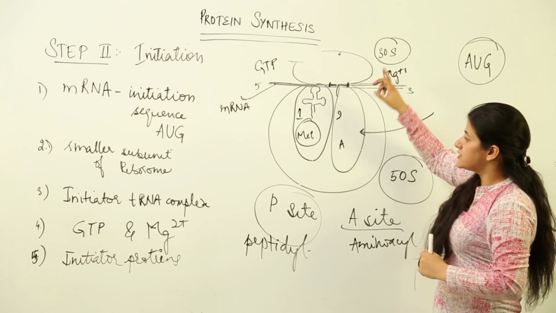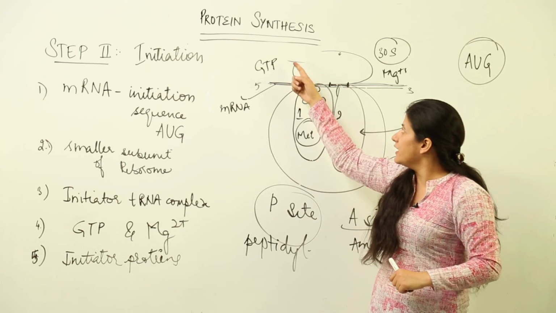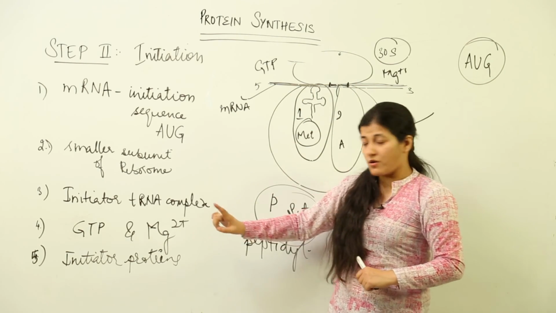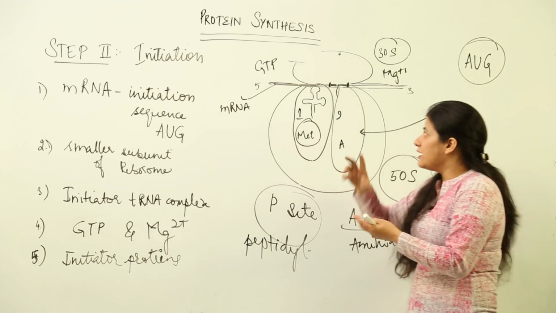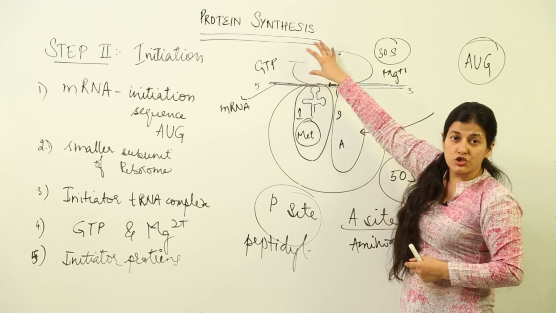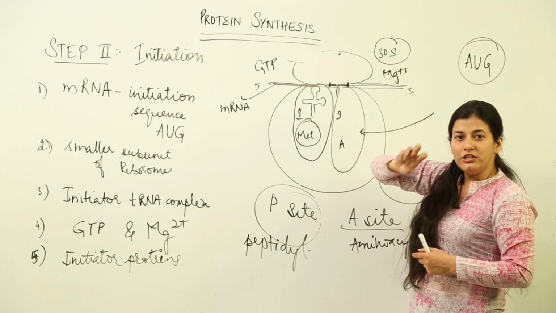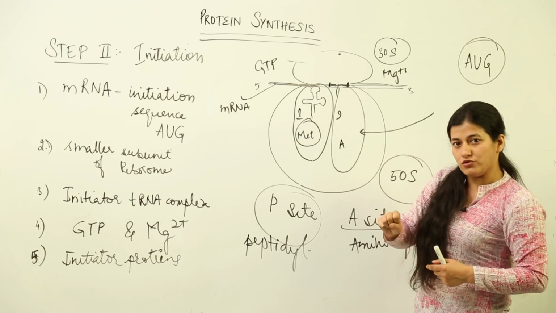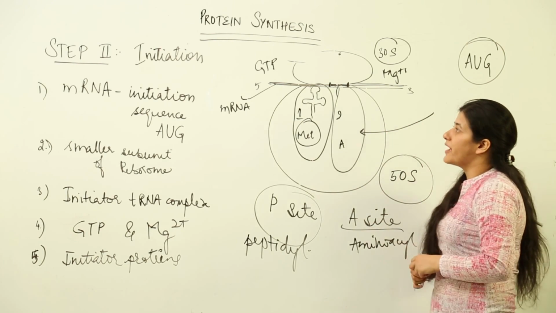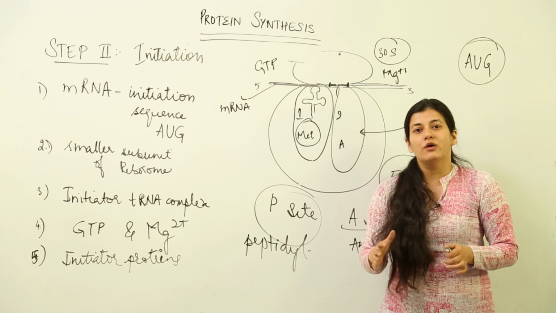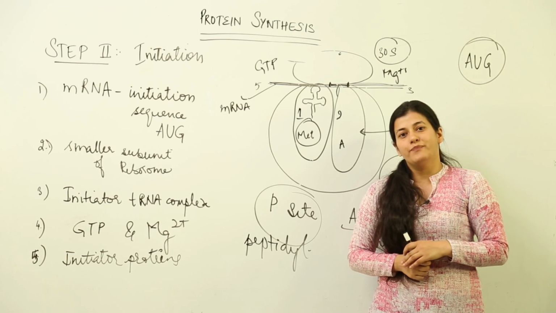In this process, apart from these things, that is one tRNA, mRNA, the subunits, there is another requirement, that is of GTP and magnesium ions. They enable the initiator proteins to come and let the 30S subunit join with the initiating sequence of AUG. They help in identifying. So this is all that you have to keep in mind when you read about initiation in protein synthesis. The next step would be elongation.